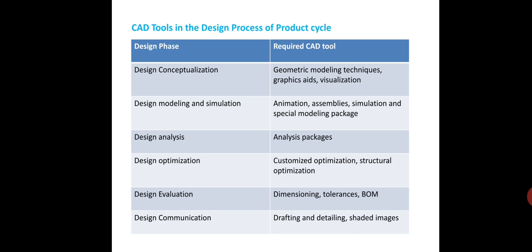Here drafting and detailing should be there on your drawing. By providing a feature control frame you can give detailed information about this design. These are the tools required at different design phases.